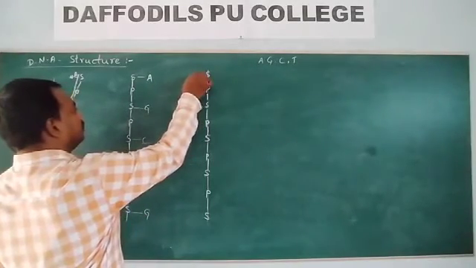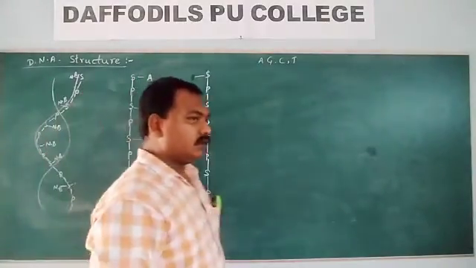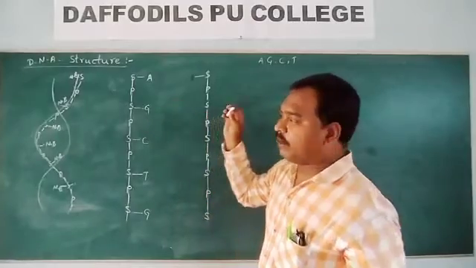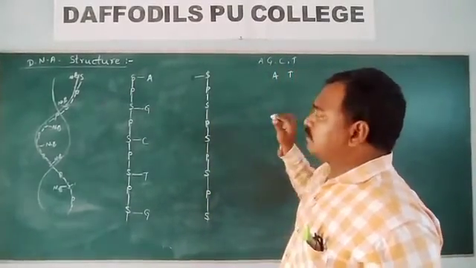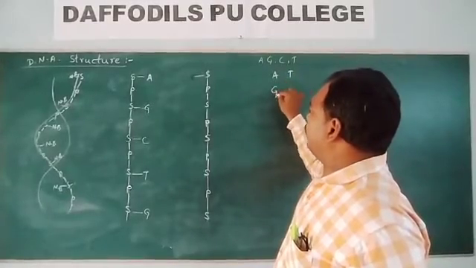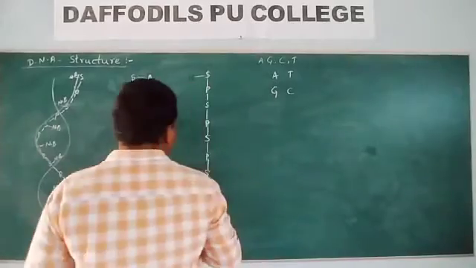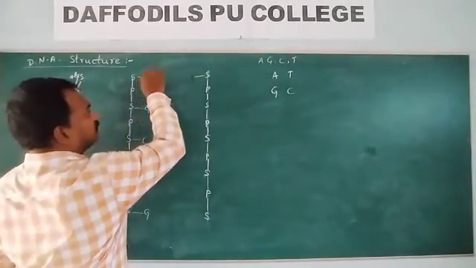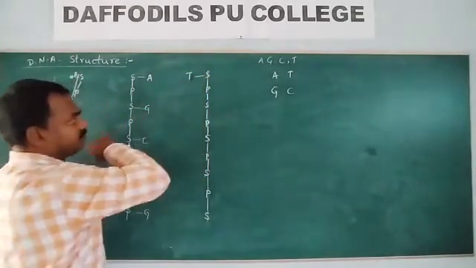Suppose this sugar is bonded with which nitrogen base? For adenine, the complementary base is thymine. For guanine, the complementary base is cytosine. Whenever an adenine group is present, opposite that one you can always see thymine.